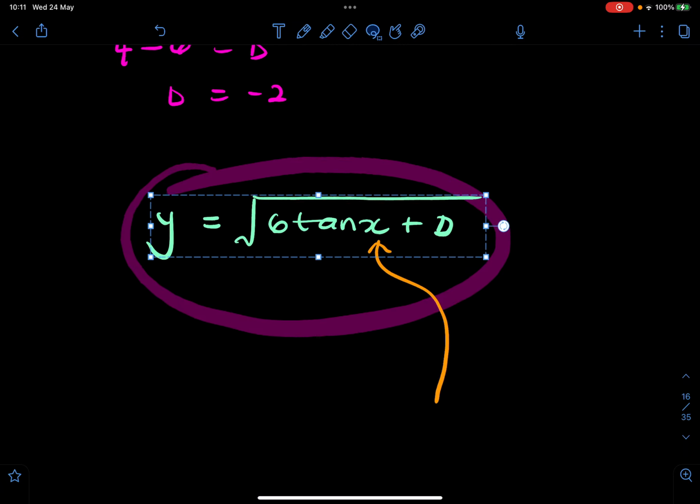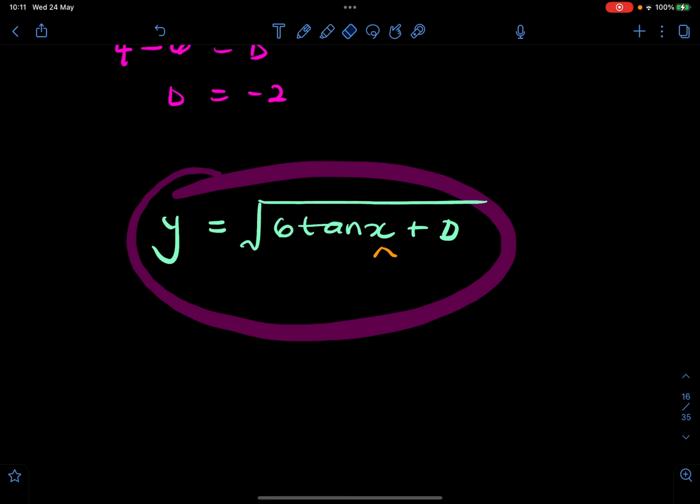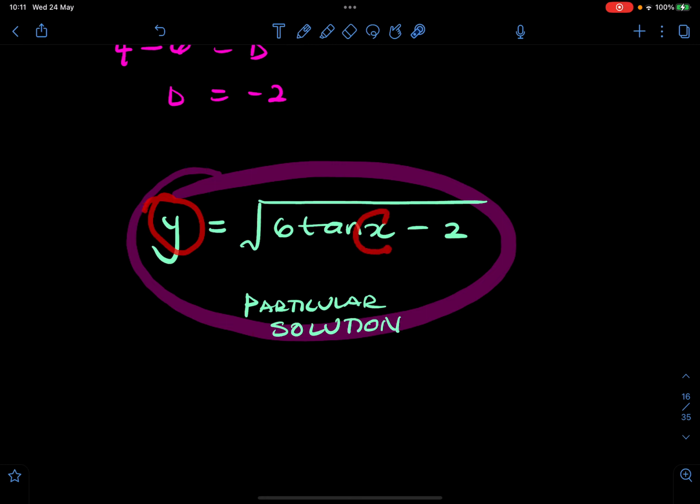The solution where you don't have unknown variables or parameters is called the particular solution. So we've replaced d with minus 2, and we can now call this the particular solution. So we have y in terms of x, and there are no further unknowns. So that's the answer to that question.